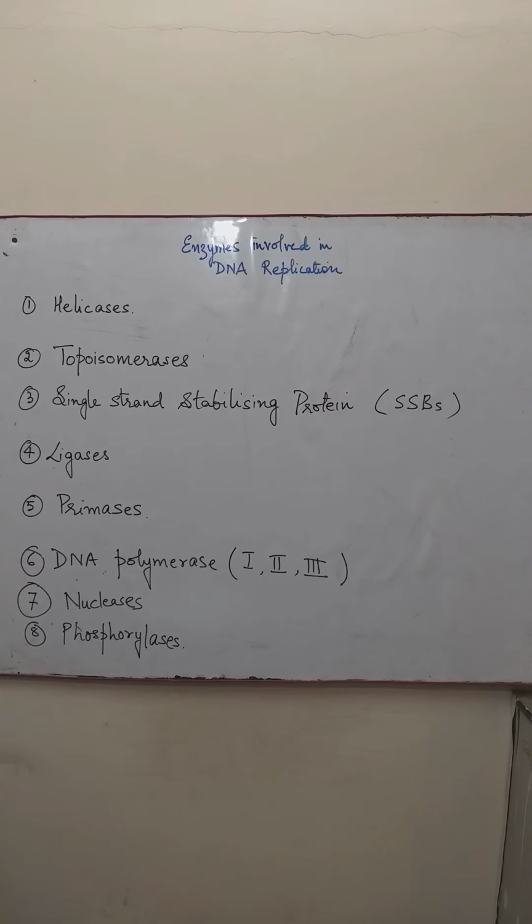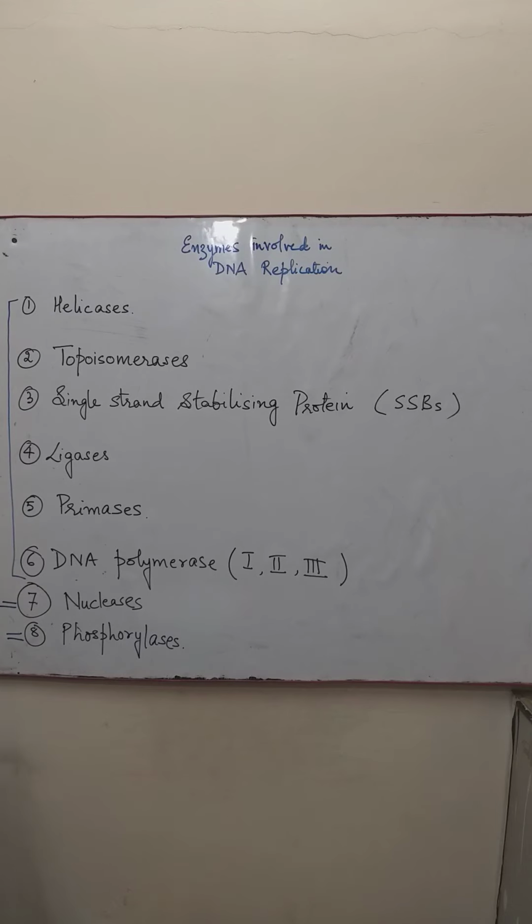There are chiefly 8 types of enzymes. Out of these 8, primarily these 6 are the enzymes which are actively involved in DNA replication.